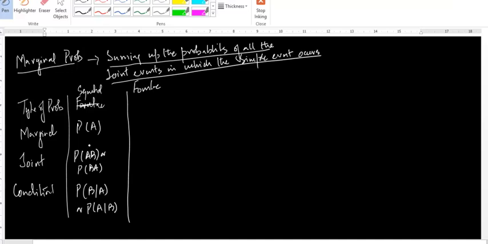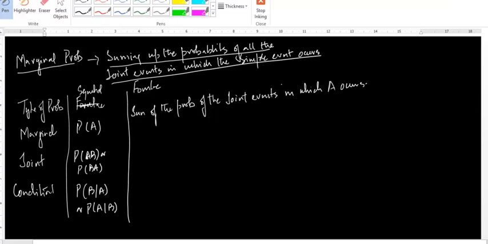In the case of the marginal probability, it is going to be the sum of the probabilities of the joint events in which a simple event, over here the simple event is A, occurs.